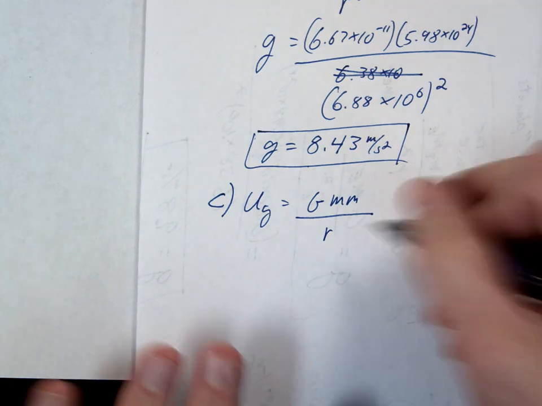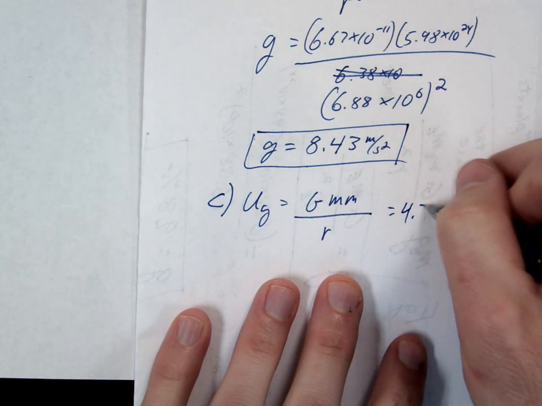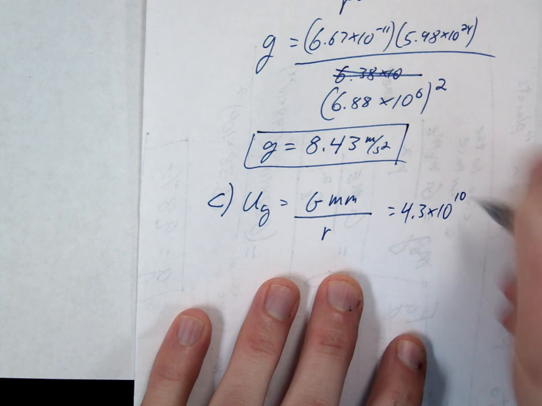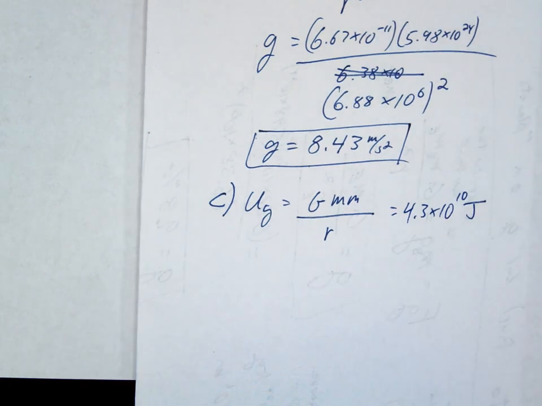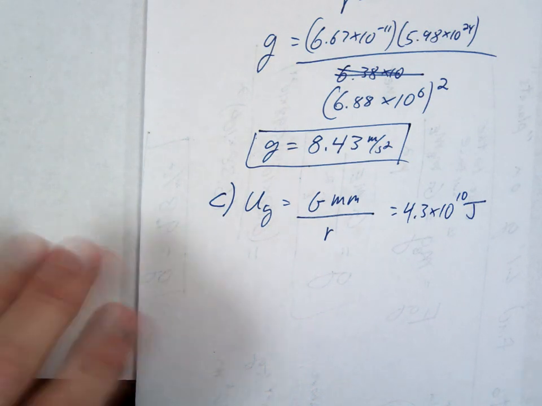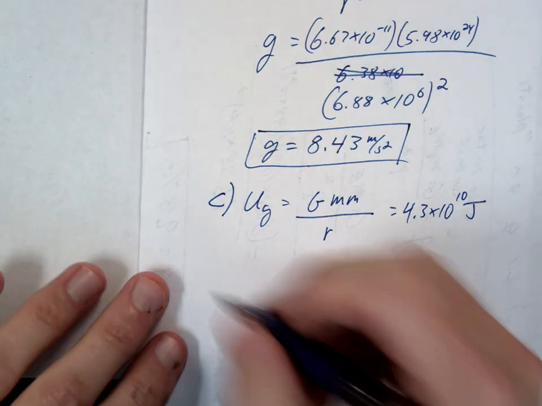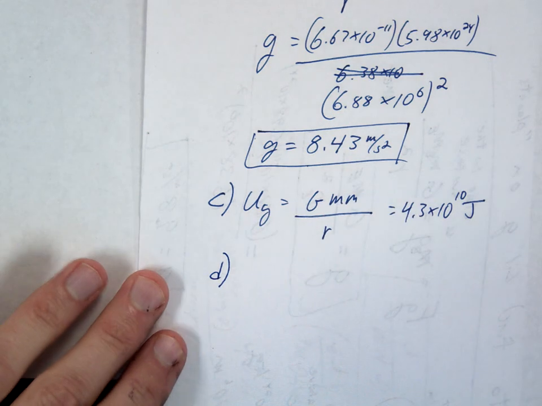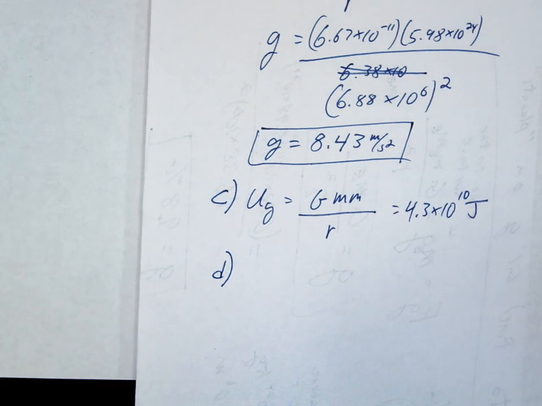I'm getting about 4.3 times 10 to the 10th. Four point three 10 to the 10th. Again, make sure you're able to calculate these out, plug them in.